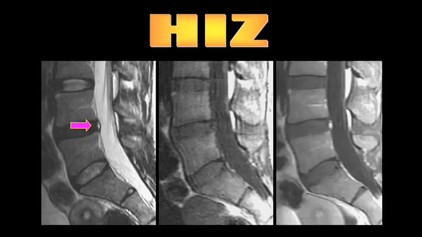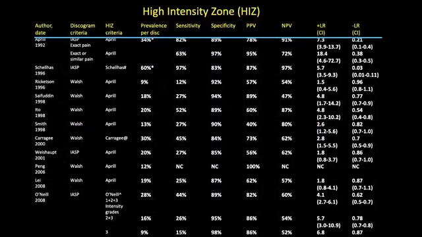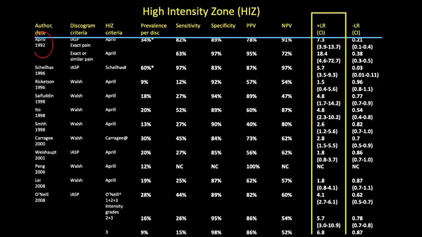However, if you give contrast material, some of the annular fissures or HIZs will enhance, and the ones that enhance are probably more likely to be painful. We don't typically give contrast to non-operated spine, so we're not always making this observation, but in the studies that looked at it, if you give contrast material and it's enhancing, it kind of ups the ante for that finding. And again, there have been numerous studies looking at this, starting in 1992 and even continuing on today.